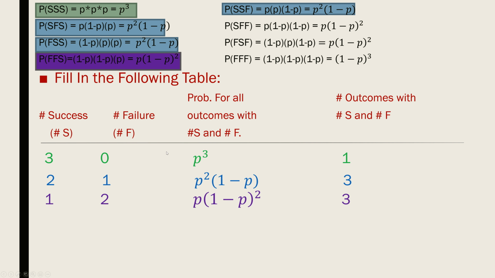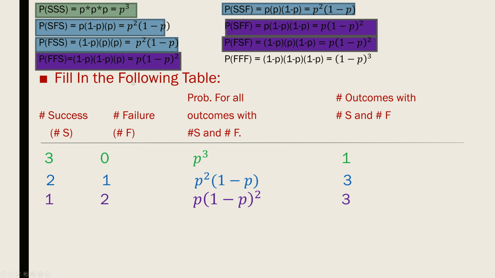Then we are looking for one success, two failures. There are also three possible combinations: failure, failure, success, or success, failure, failure, or failure, success, failure.